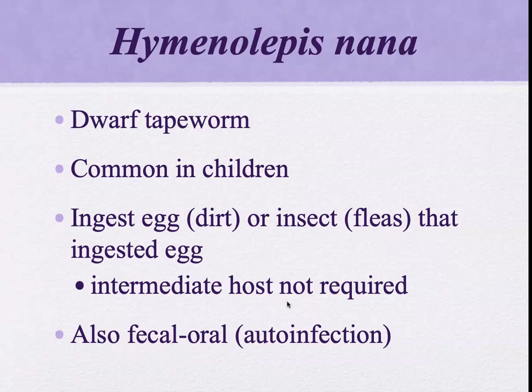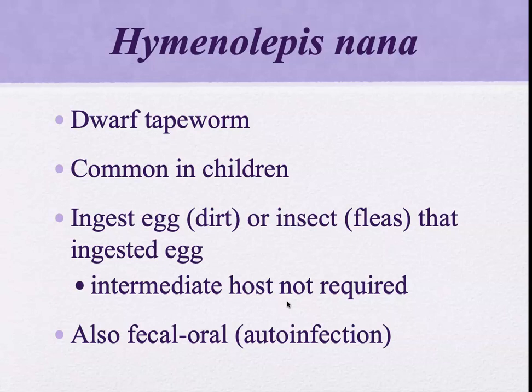We can actually get Hymenolepis nana a couple ways. We can ingest the egg, like in contaminated dirt, or insects like fleas that have ingested the egg. This life cycle is unique because no intermediate host is required.